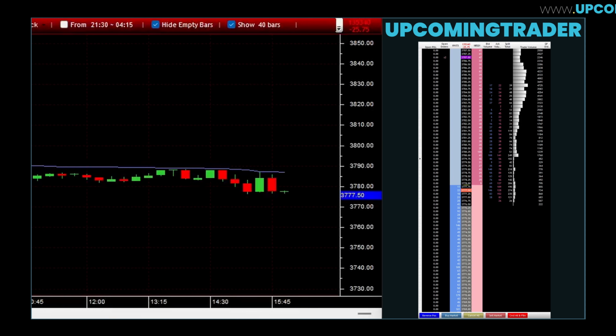The small body indicates that there was not much movement from the opening to the closing price during the time period, while the long upper shadow shows that buyers drove the prices up, but sellers later pushed it down, closing the session near the opening price. This formation suggests a potential reversal from the prevailing uptrend because it represents a struggle between buyers and sellers where sellers are starting to gain ground.